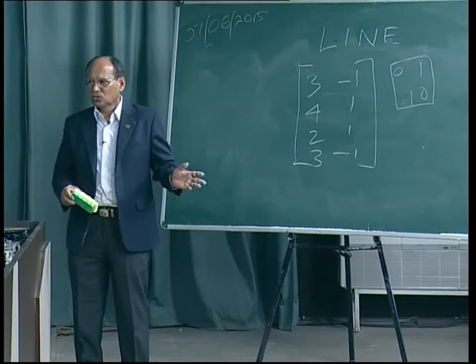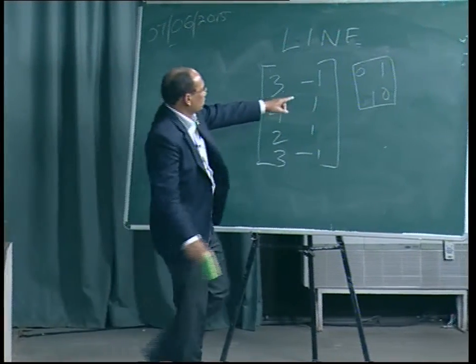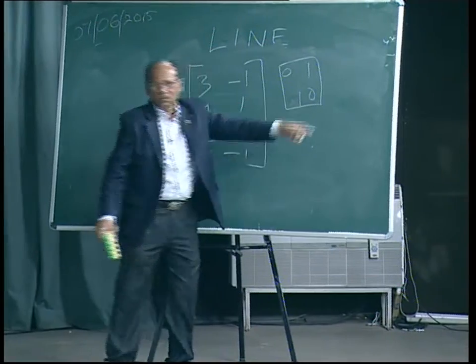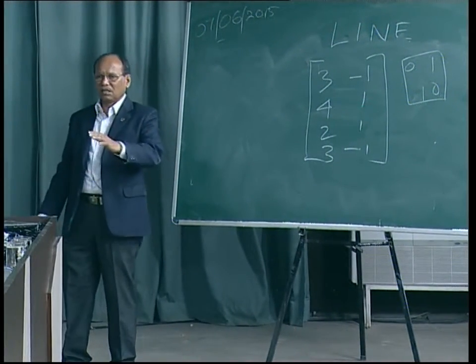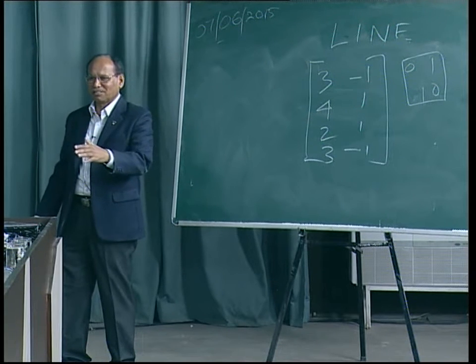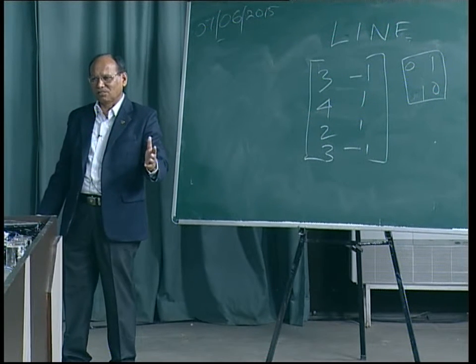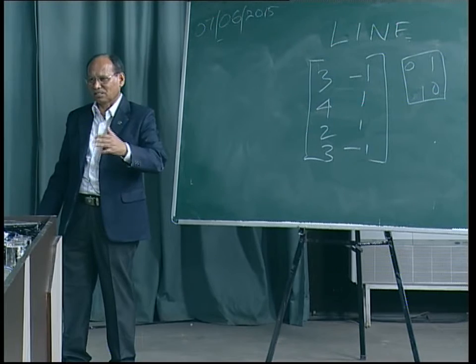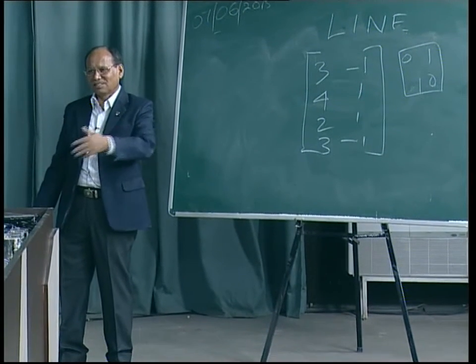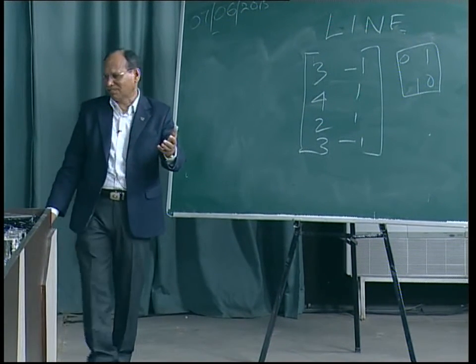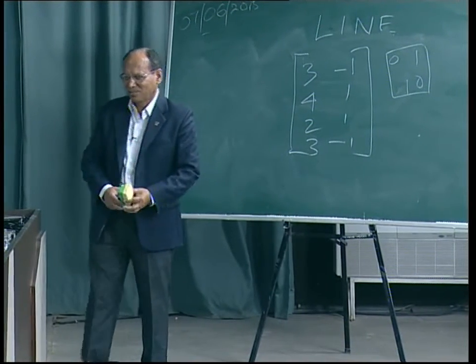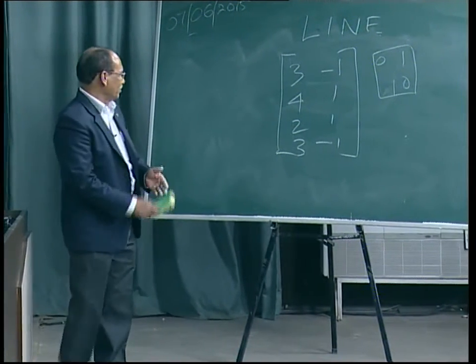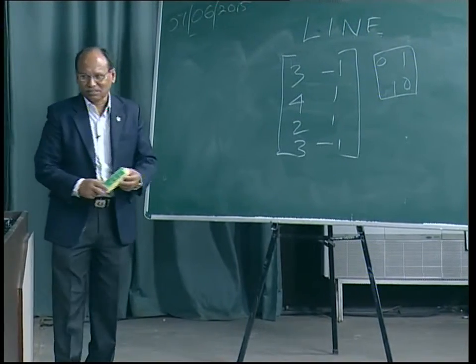You multiply with this matrix 0 1 1 0 and you see what will happen: it will flip the axis, x will become y and y will become x, and this is the inverse. When we create an inverse of a function or an inverse of a line, this matrix 0 1 1 0 will help you get any inverse. So, first you try that, whether you are getting this or not.